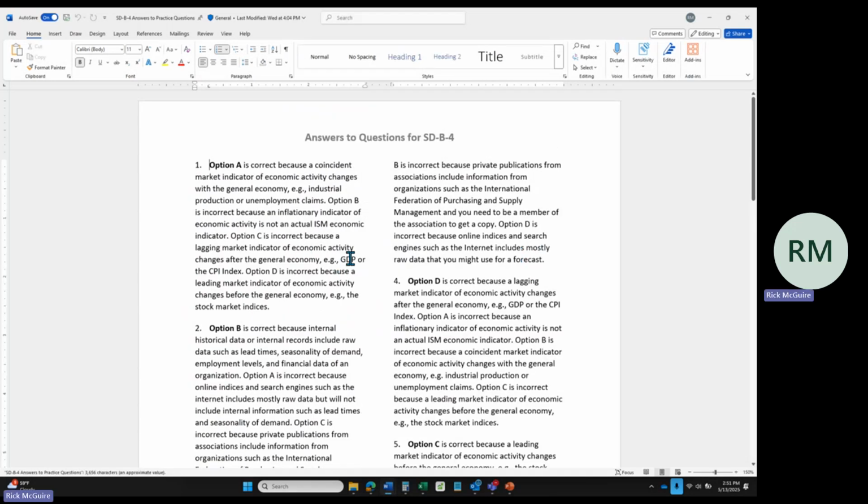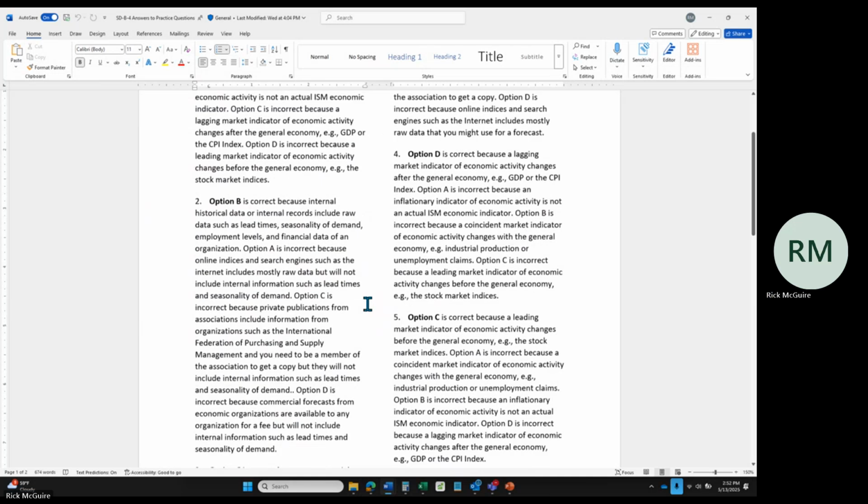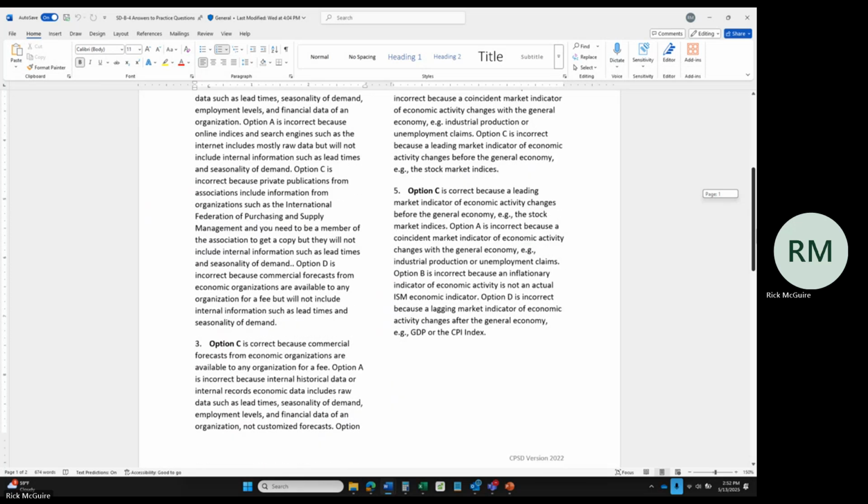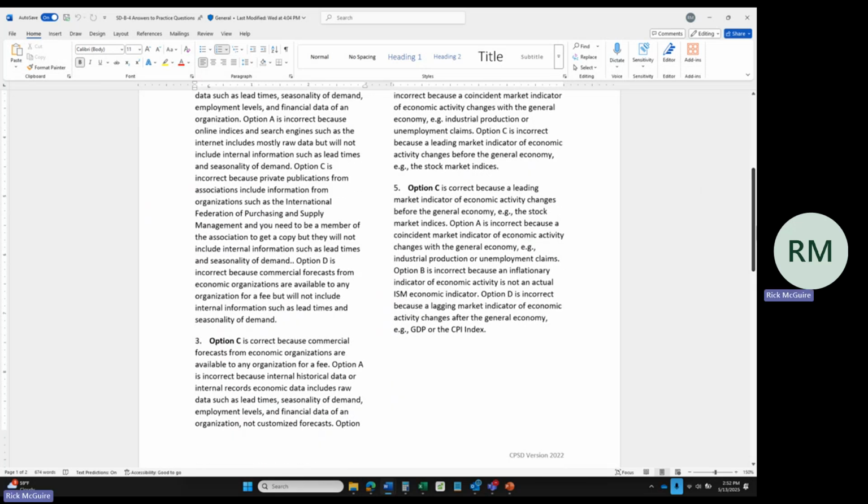All right, let's go over some answers. Number 1 is option A. Coincident changes with the general economy. 2 is B. Internal historical data and internal records include raw data such as lead times, etc. 3 is Charlie.